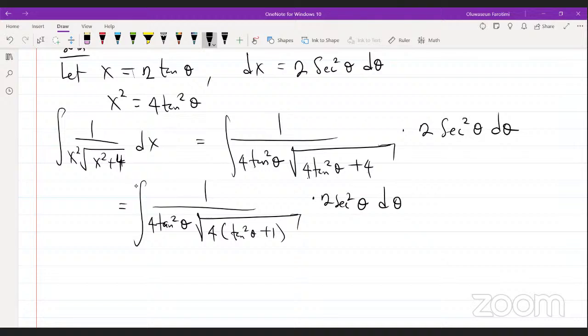I hope you guys are following these steps one at a time. Square root of 4 is 2, right? But this is just secant squared of theta, and the square root of secant squared of theta will give me secant theta, provided secant of theta is greater than or equal to 0.